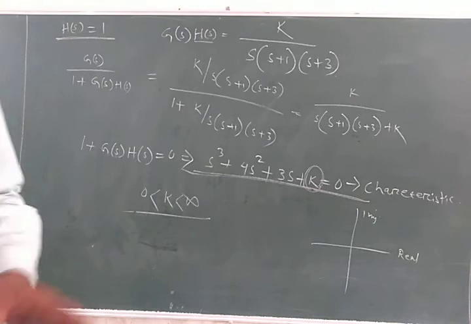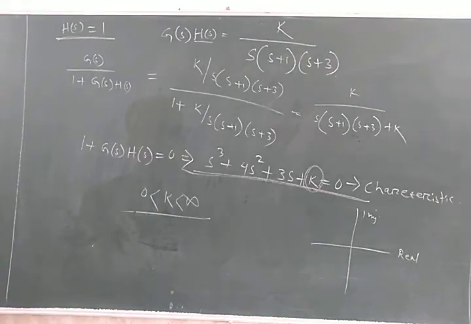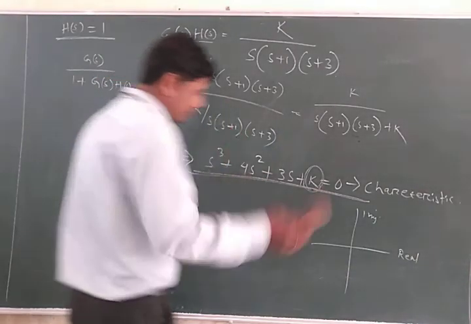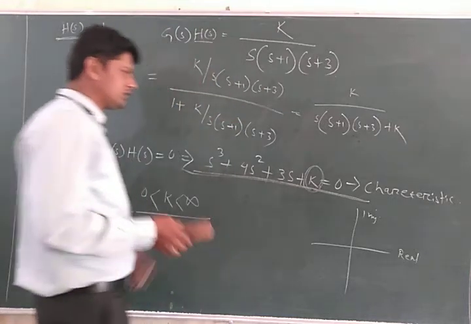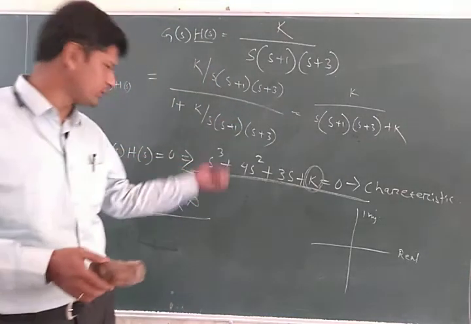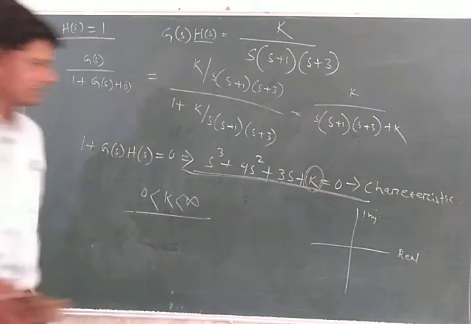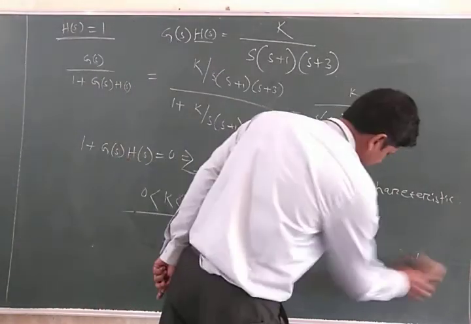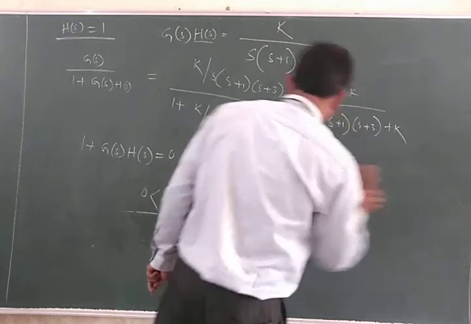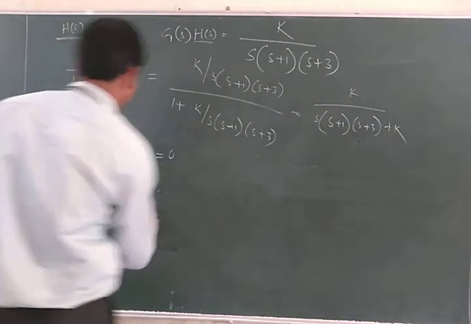This is the normal procedure for finding the stability of the control system, but instead of going for individual roots for each and every value of K, there is a process called the root locus technique. So what is that technique?